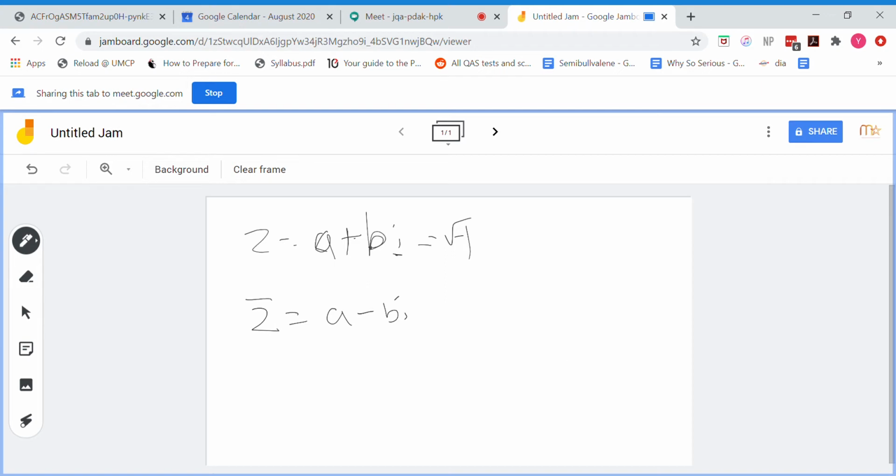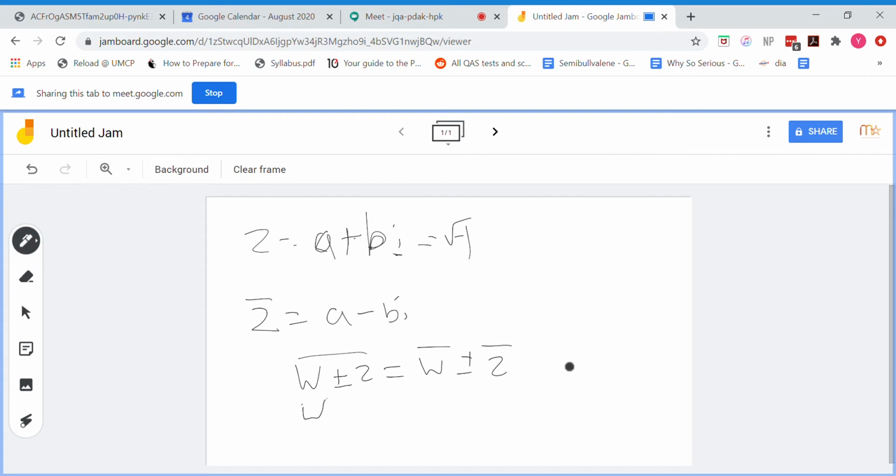And then the properties of the conjugate: if we have two complex numbers w and z, then the conjugate is distributive across addition. The conjugate is also distributive across multiplication and division.